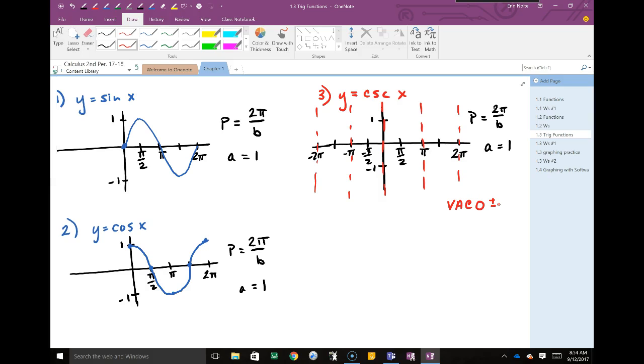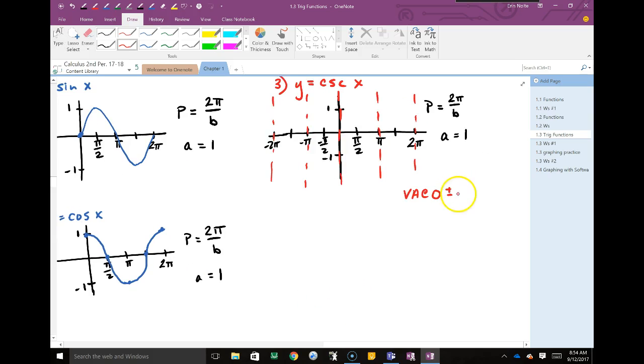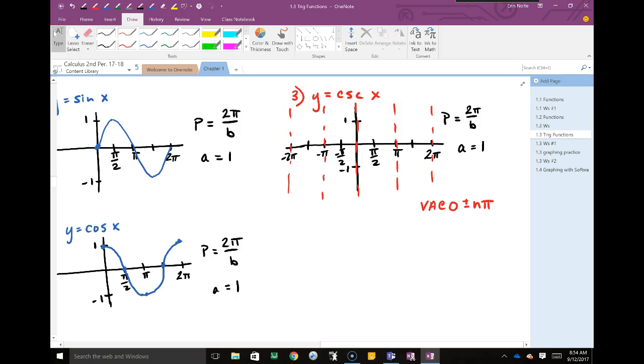So what is my distance in 2 increments? Pi. Okay, so we can say plus or minus n pi. So n being any number, that makes that vertical asymptote repeat and repeat and repeat.